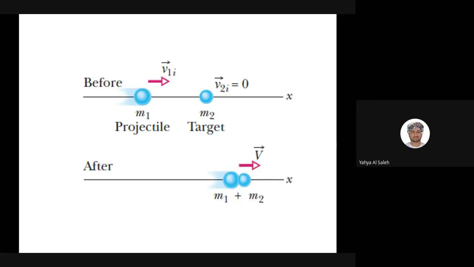And finally, they were both moving together at the same velocity. So what will it look like? Well, my initial momentum is simply because of the one that is moving, so M1 V1I. And my final momentum is M1 plus M2 multiplied by V, the same velocity for both of them.